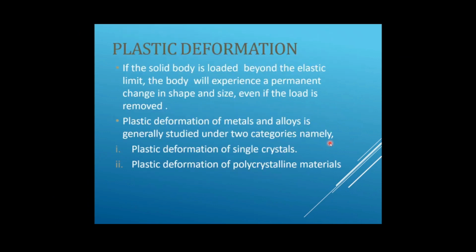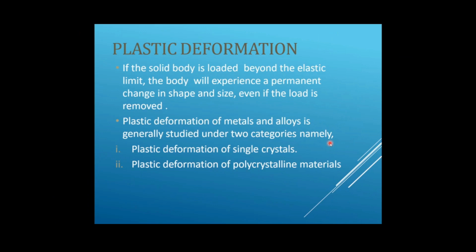First of all, what is deformation? Deformation means a change in shape or size in the material, known as plastic deformation. If the body is loaded beyond the elastic limit, the body will experience a change in shape and size even if the load is removed.